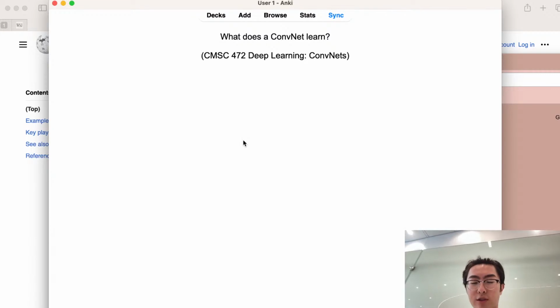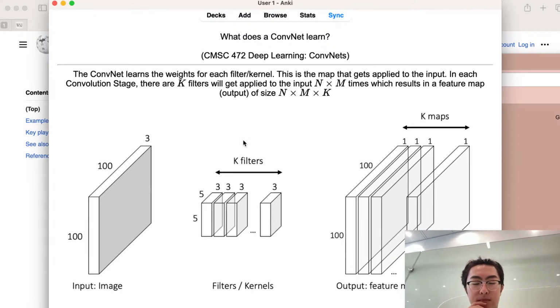So it just learns the weights on that filter. Which gets put in. Okay. Just results in a feature map n by m.